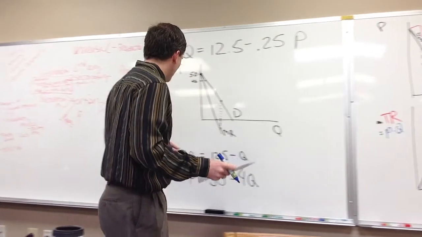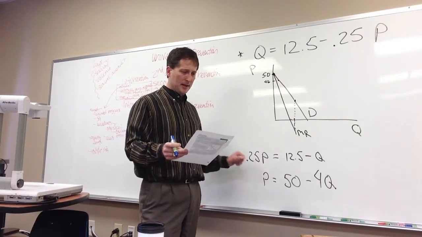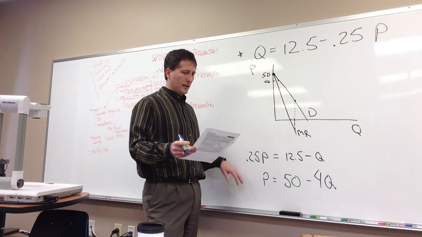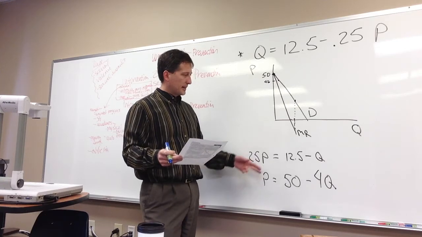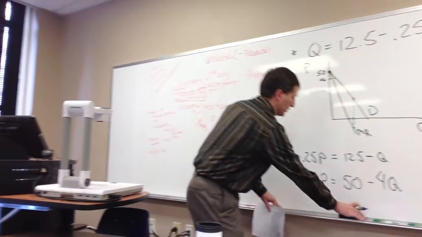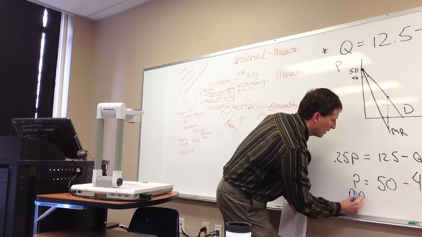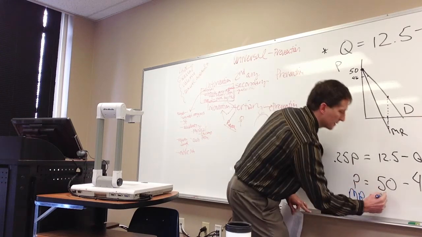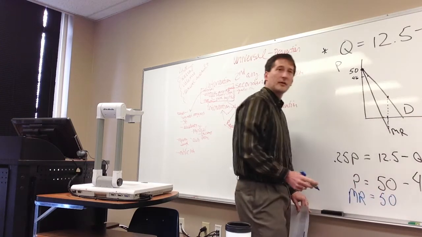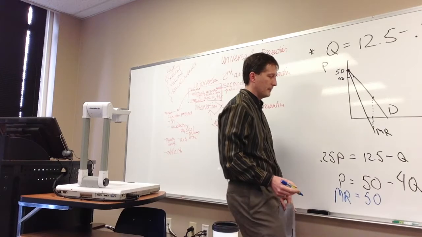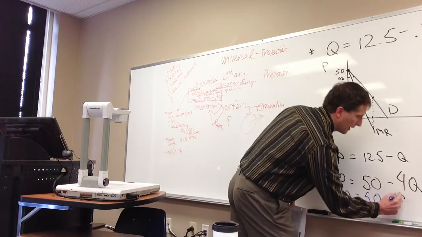Okay, so back to our problem here. Calculate the marginal revenue when the quantity is 6. So marginal revenue is the same starting place, 50. The vertical intercept's the same. And then we're going to double that slope to 8.